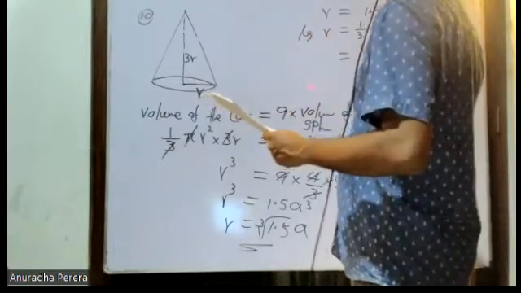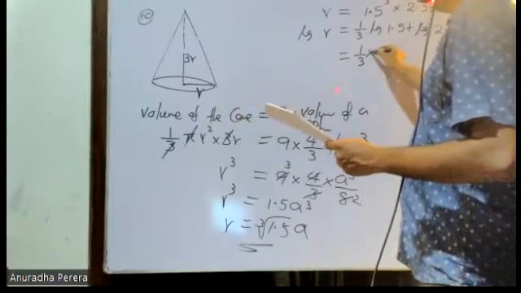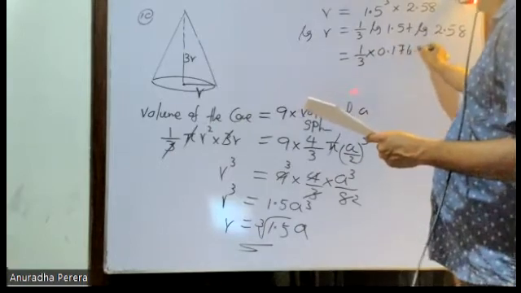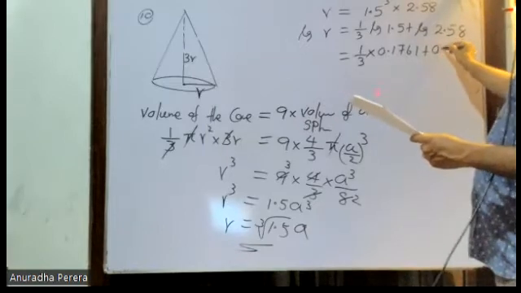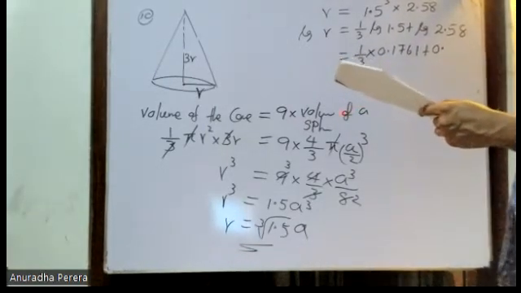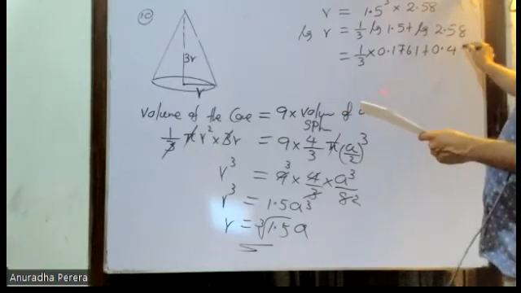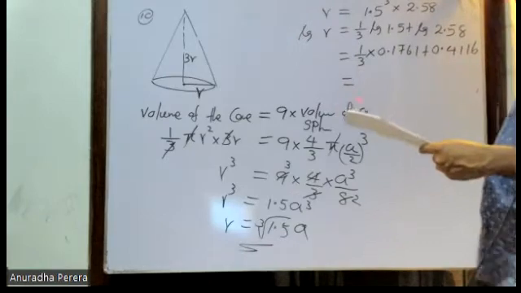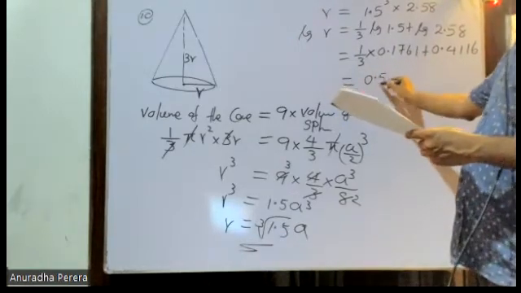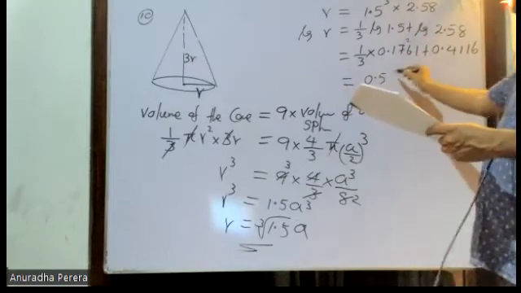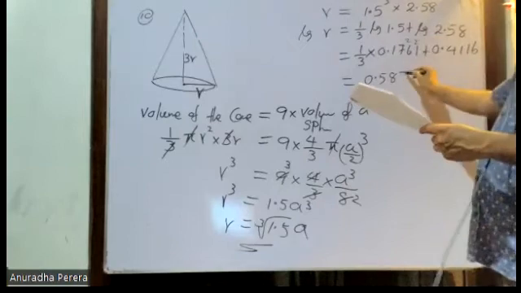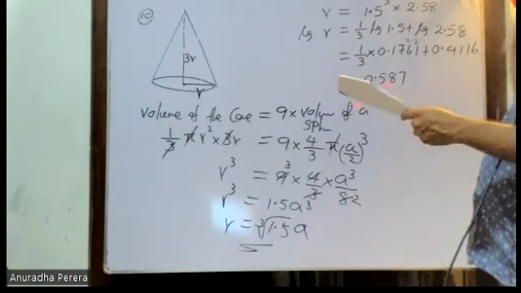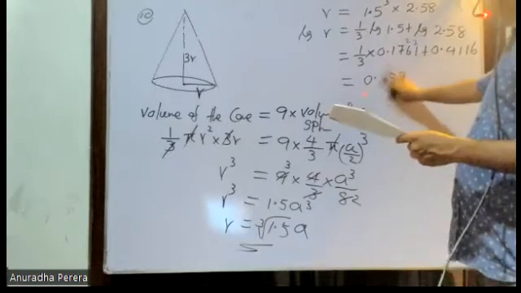lg r equals 1/3 of the sum. The whole number part is 0. 0.1761 plus 0.4116. Now divide this by 3. Adding, we get 0.5 to 26 means 8, 0.587 and so on. 0.1761 plus 0.4116 gives 0.5877.